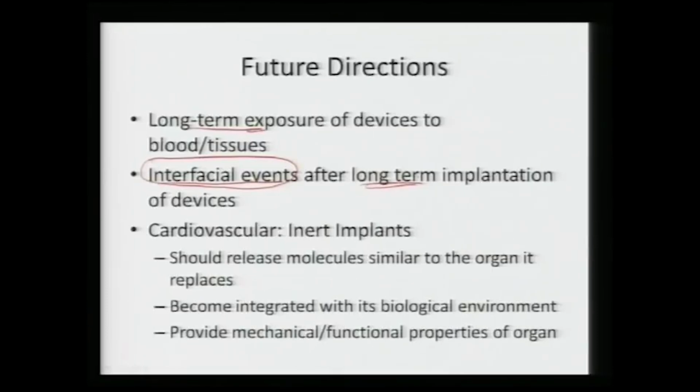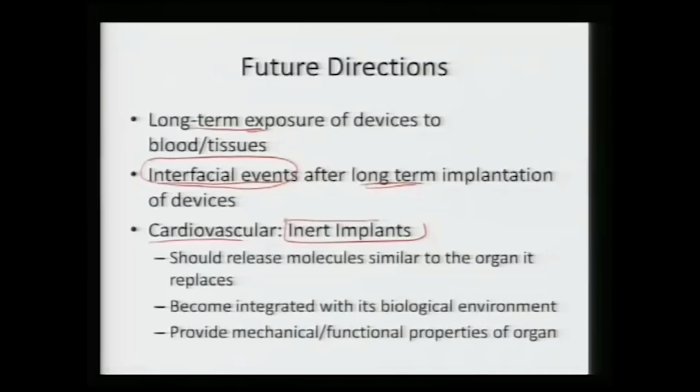Such as has been proposed for the cardiovascular devices, that they need to have inert implants, because we do not want any tissues to grow on them, otherwise it will start reducing the lumen of a particular vessel, or reduce the functionality of pacemakers which need to be free from any cells, or drug delivery which needs to supply the drug, or even sensors, because sensors need to be exposed to the bloodstream continuously.